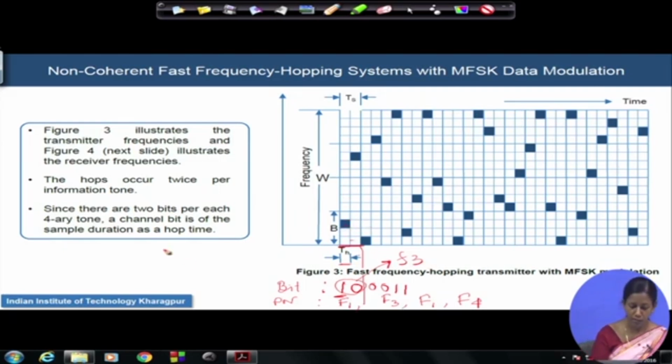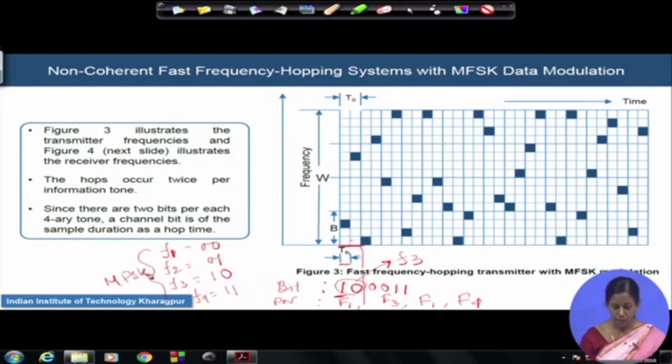When 0 0 comes, tone number 1 will be selected. When 0 1 comes, tone number 2 will be selected. When 1 0 comes, tone number 3 will be selected, and 1 1, tone number 4 will be selected. These all tones are the MFSK tones.